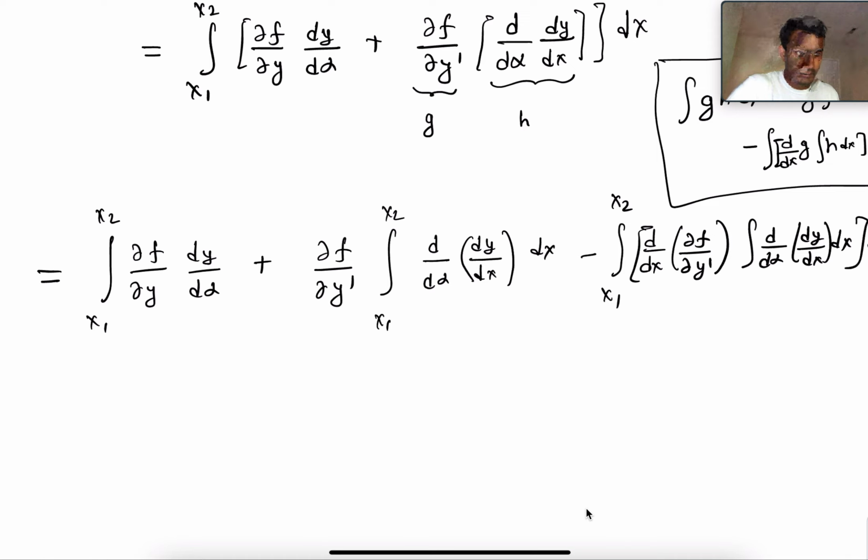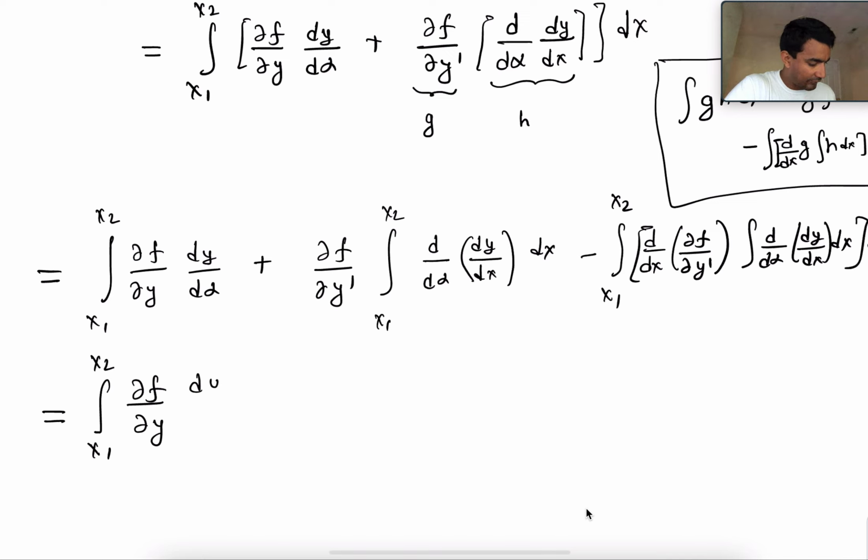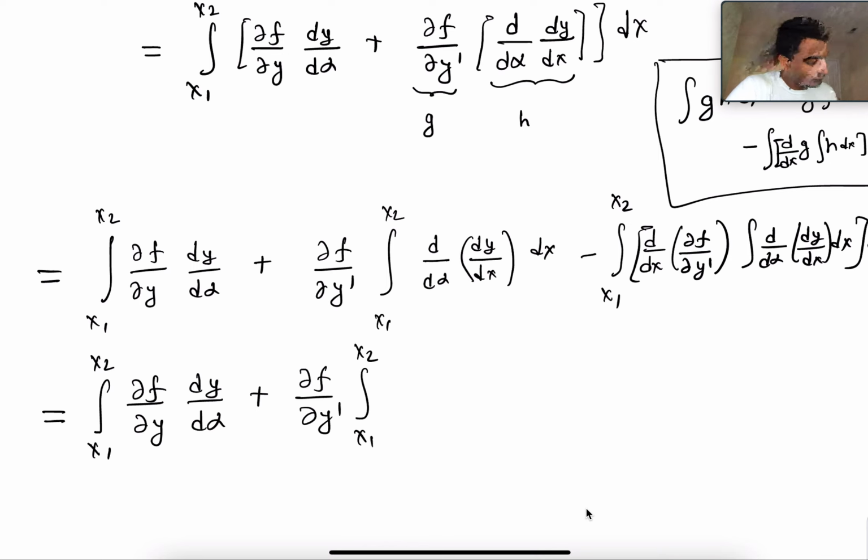Okay. So for the next step, what we do is we take x1 to x2 partial derivative of f, partial derivative of y, dy by d alpha, plus del f by del y prime times the integral from x1 to x2. You see, we have d by d alpha of dy by dx integrated over dx.